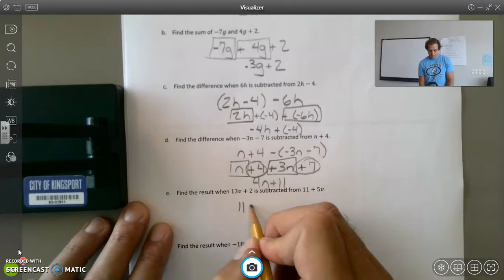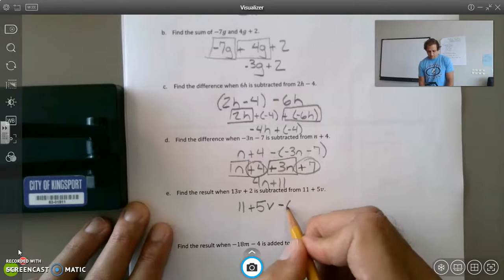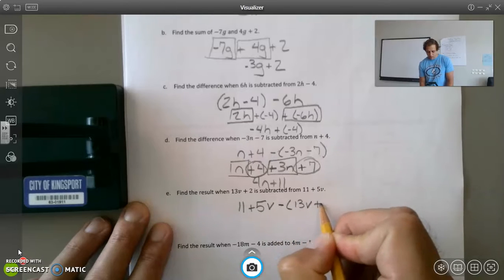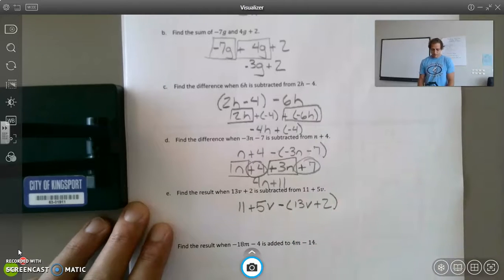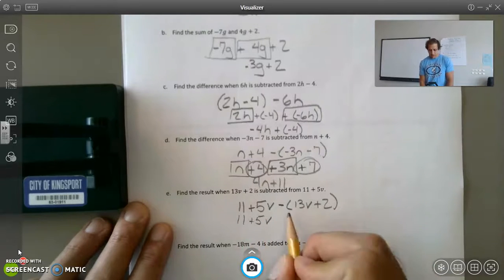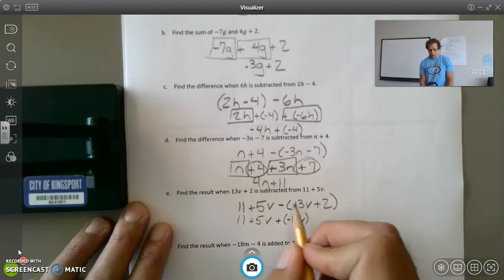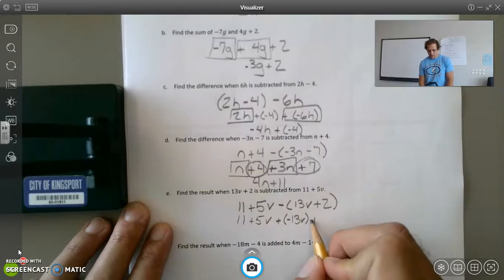Find the result when 13v plus 2 is subtracted from 11 plus 5v. So here I have 11 plus 5v minus 13v plus 2. All right? 11 plus 5v. I'm going to subtract 13v, or add the opposite of 13v. And I'm going to subtract 2, or add the opposite of 2.